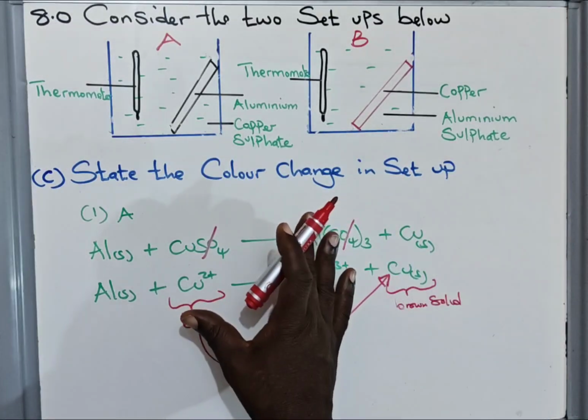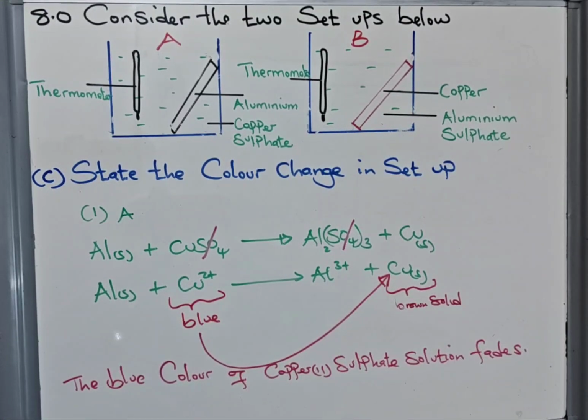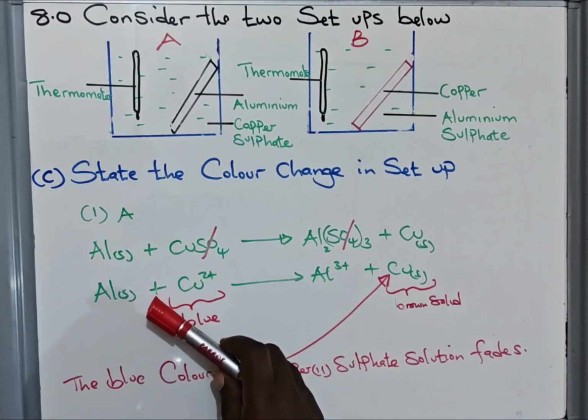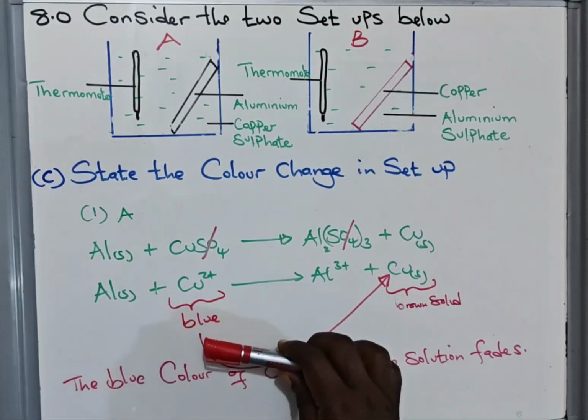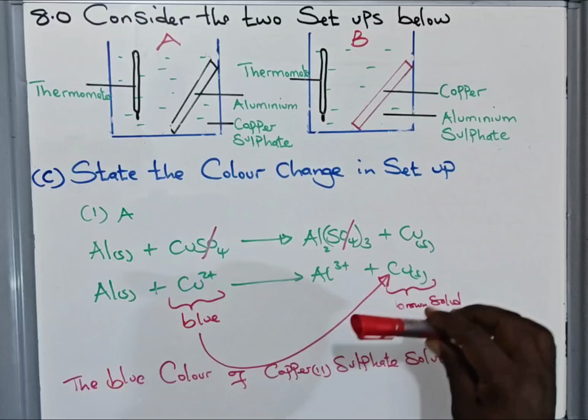So the observation is that the blue colour of the copper sulfate solution fades or decreases in intensity. The reason for fading is that the copper 2 ions, which are responsible for the blue colour, are being reduced to copper solid.